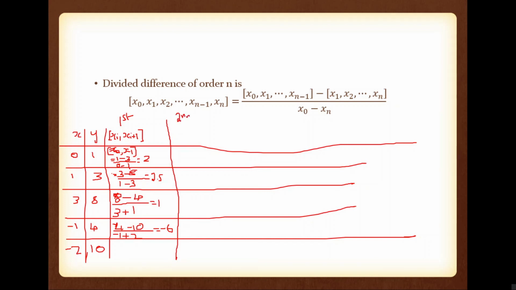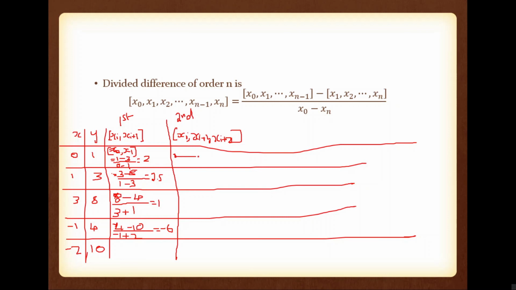Second order divided difference. What is the expression? xi, comma, xi plus 1, comma, xi plus 2. Okay. So what is this element? Can anyone say that? Yes.